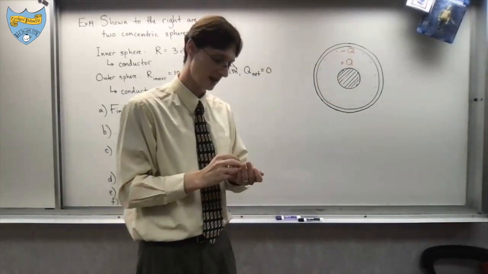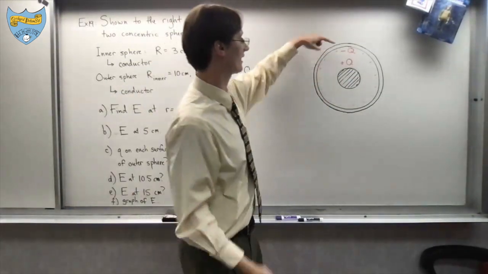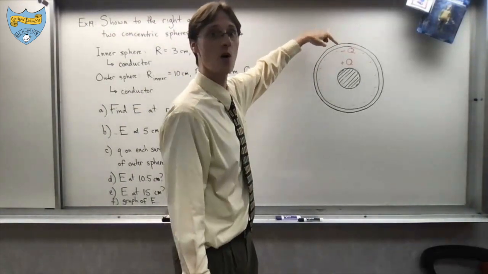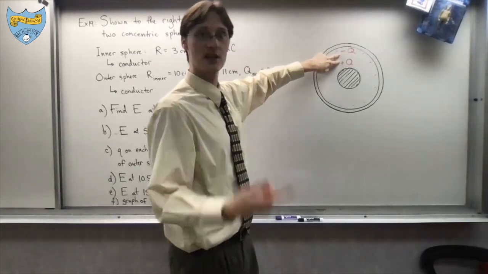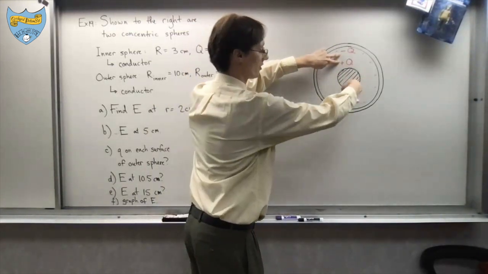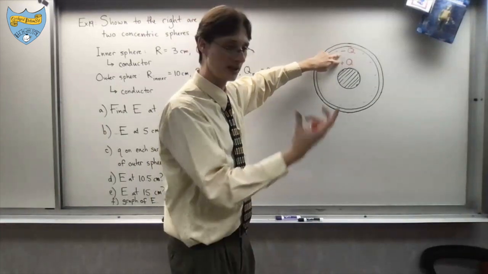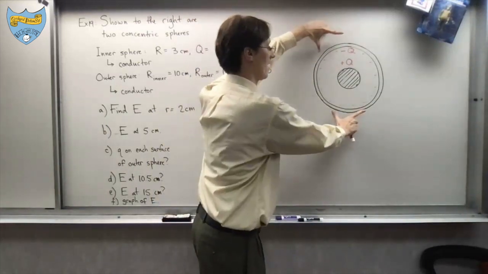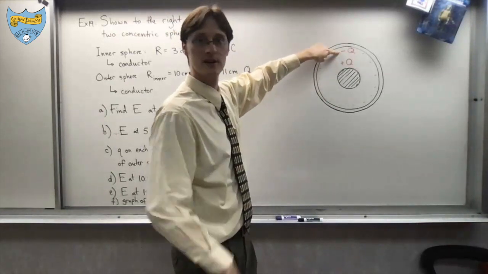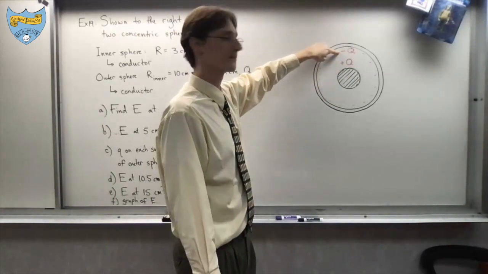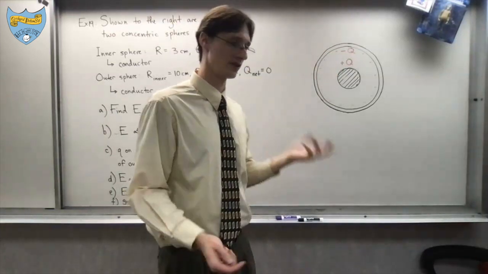I am not saying that charge is being created. I am saying that this inside surface is always going to end up equal and opposite to whatever charge exists on the central object placed in the middle. So if this is a plus Q, this is going to take on -Q.